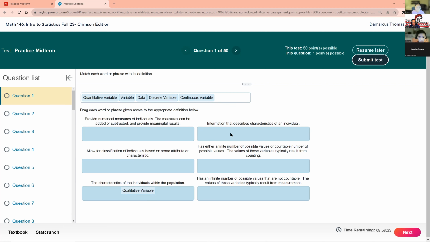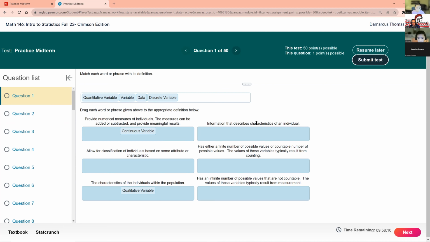I'll just try this real quick. I don't know. I mean, let's see, provide numerical measures of individuals. The measures can be added, subtracted, and provide meaningful results. I'll say continuous. I may change my answers around.